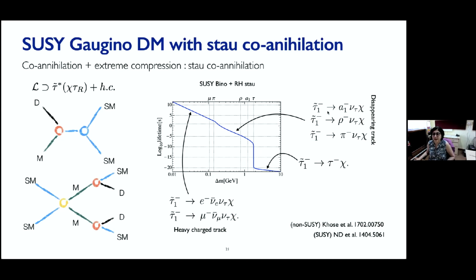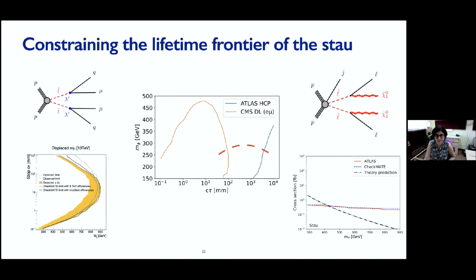And if you calculate the decay of the tau, what is allowed, if you go to the extremely compressed region, then you reach a point where the two-body decay into the tau is no longer allowed and the tau becomes long-lived. Okay? So once it becomes long-lived, again, you can make use of the long-lived track searches to have limits from there. Okay, so this is the lifetime frontier for the tau.